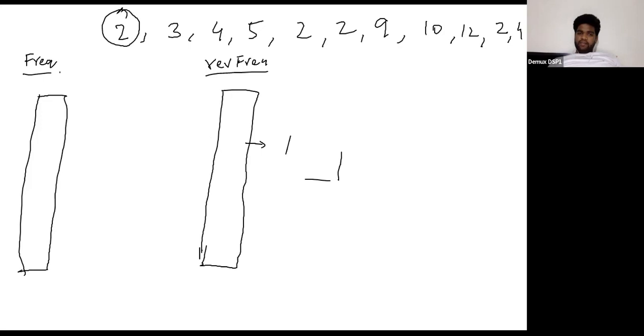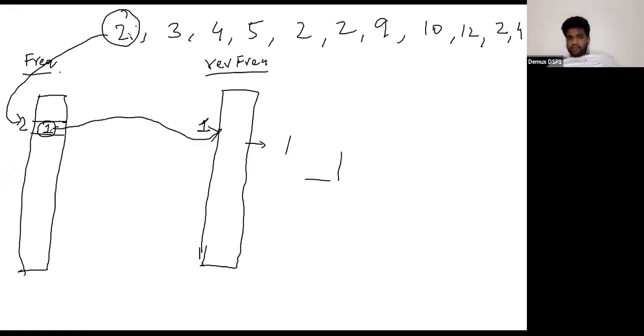First number that comes in is 2. So what I do is I go to key 2 and I increment the counter. So this is a frequency thing. Now I know that for 2 I have frequency 1. Simultaneously in this reverse frequency, for this particular number's frequency, I will go to that corresponding key, and this will be a stack.